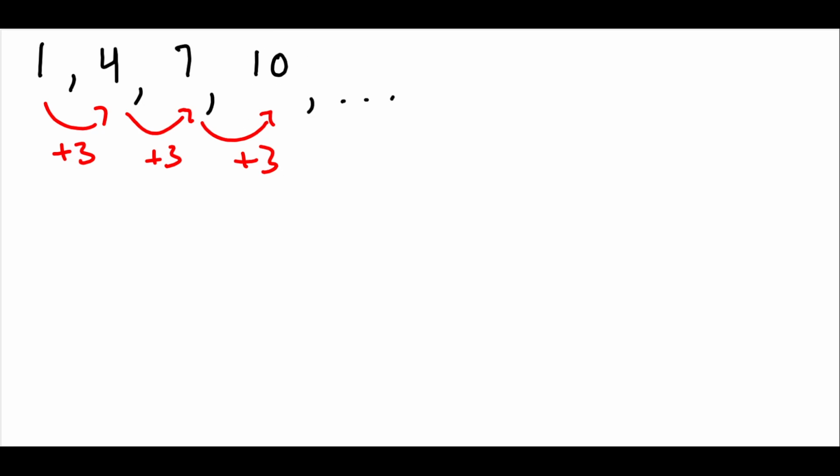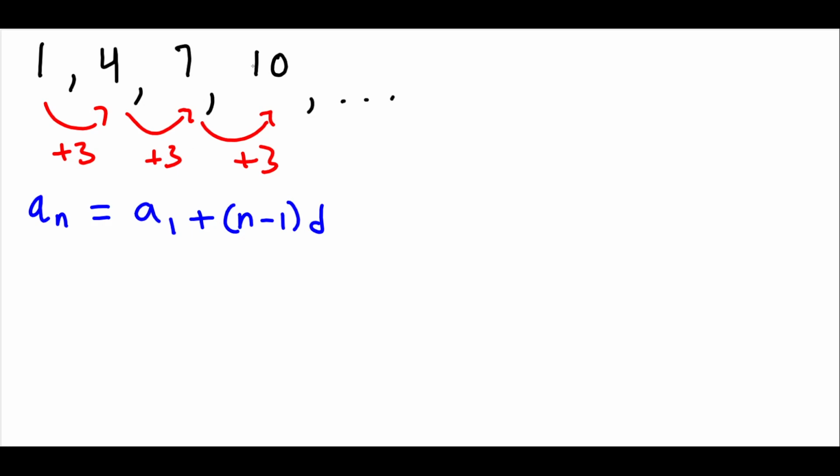So how can we write this? There's a formula which states a sub n equals a sub 1 plus n minus 1 times d, where d represents the difference between each of these. In this case, our common difference is 3, and a sub 1 means our first term.